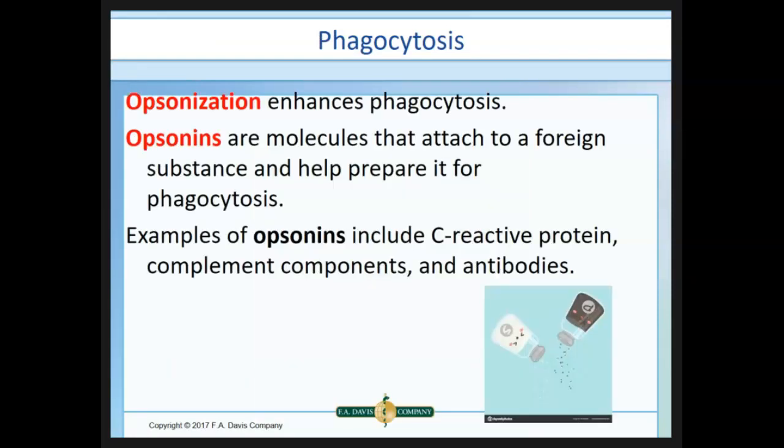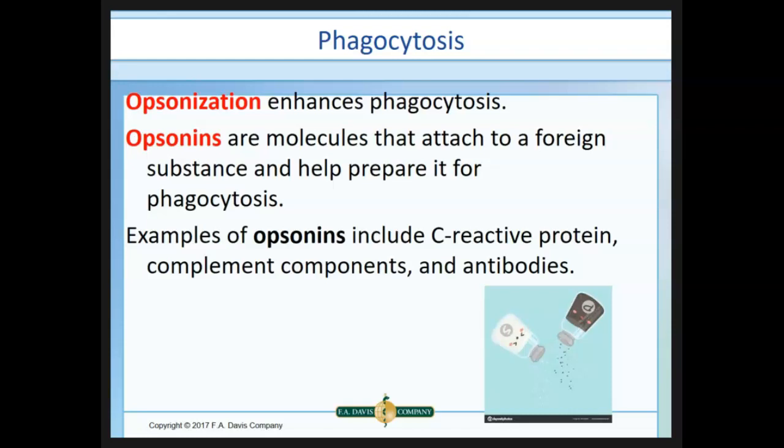All right, so we need to talk about a couple more terms. Opsonization means that phagocytosis has been enhanced. Opsonins are molecules that attach to a foreign substance and help prepare it for phagocytosis. Examples of opsonins include C-reactive protein, complement components, and antibodies.